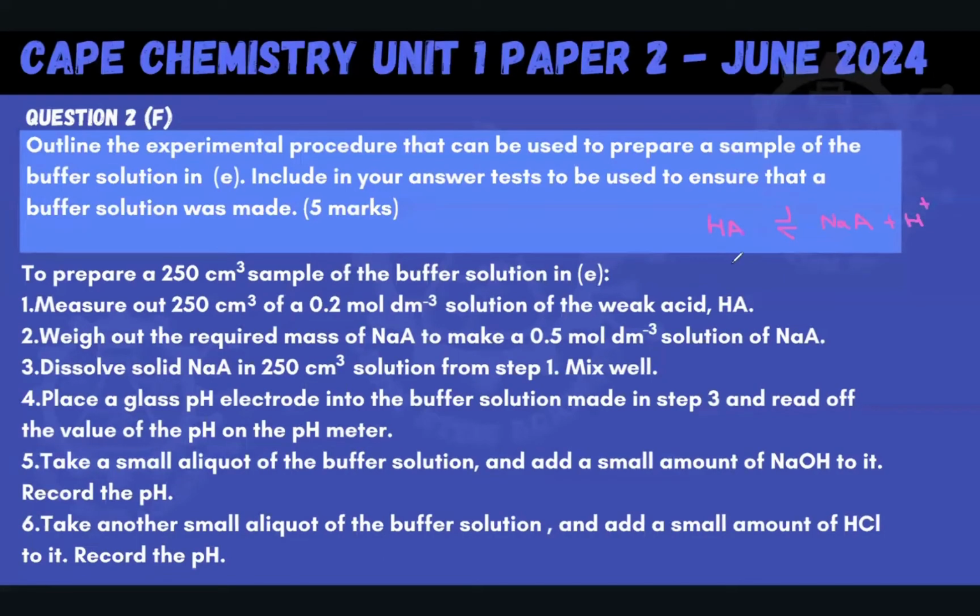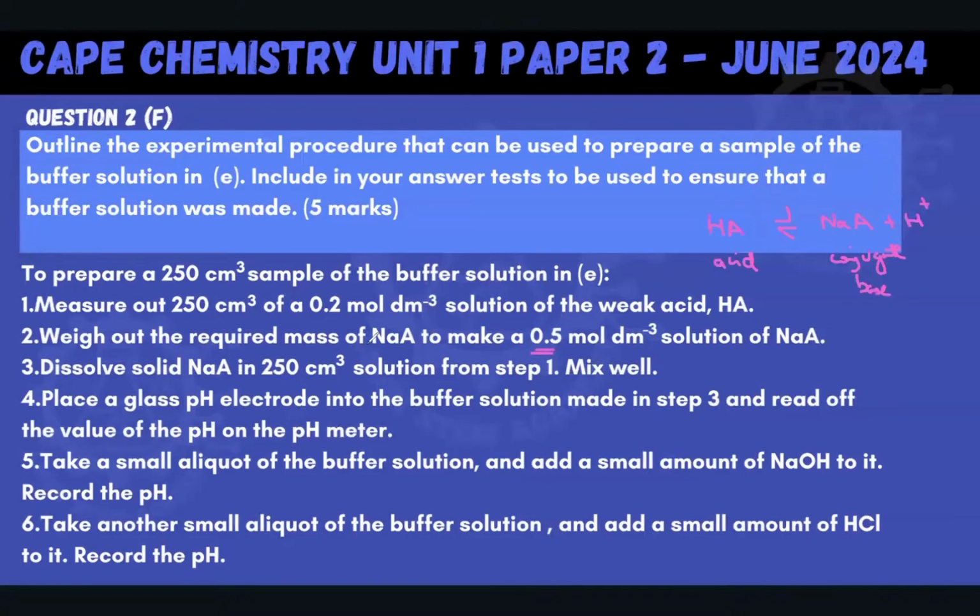That's generally how the equilibrium works. So this would have been our acid, and then we add in the conjugate base, or the salt as we call it. That's how we make it. We're literally taking the two things and adding them together. So in the first step I've taken the weak acid, and in the second step I'm weighing out how much of this salt I need to put in that 250 cm³ to make it that concentration, because these are the concentrations that we're working with from part E.